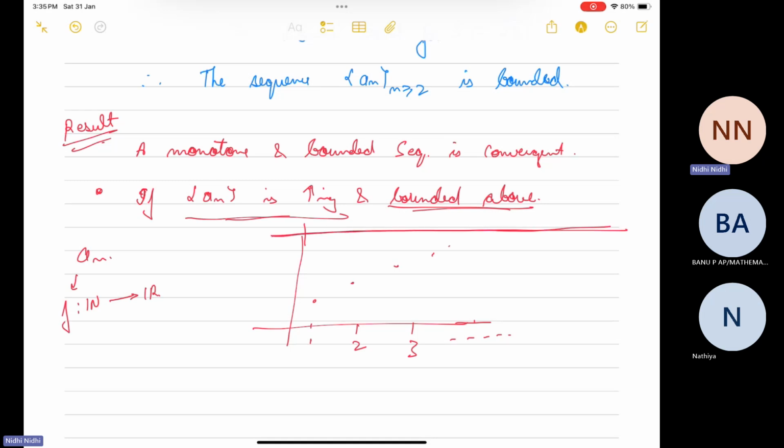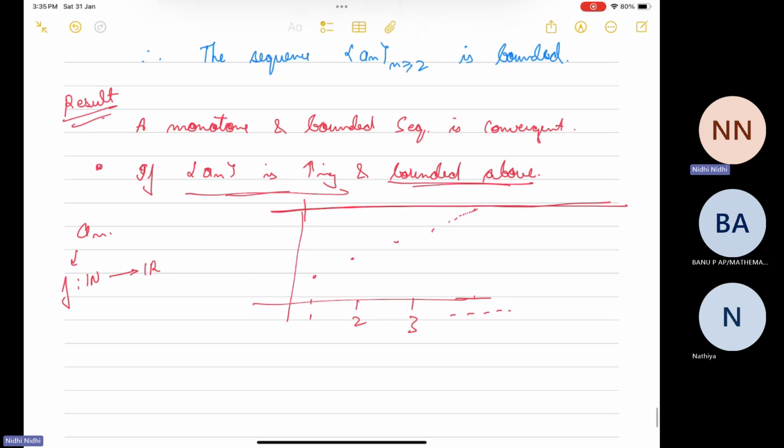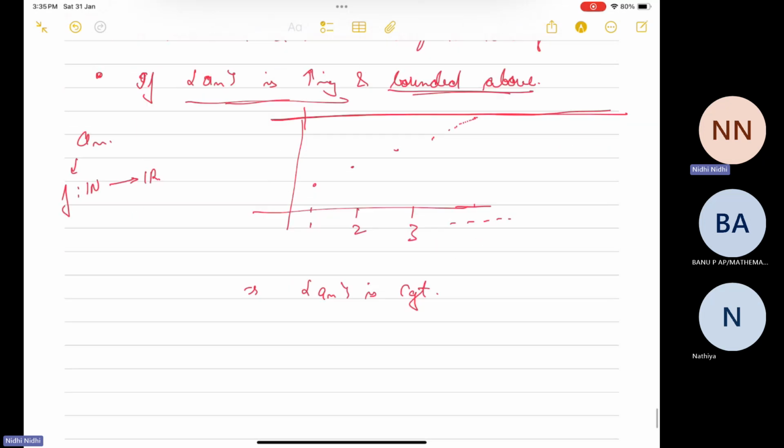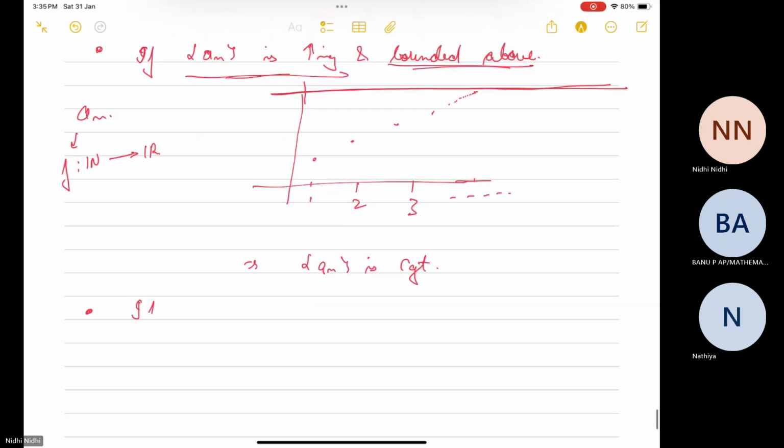So eventually a lot of terms will lie together at some point, which will obviously be less than this upper bound. So eventually the sequence turns out to be convergent. Similarly, if the sequence an is decreasing and bounded below, then also the sequence is convergent.